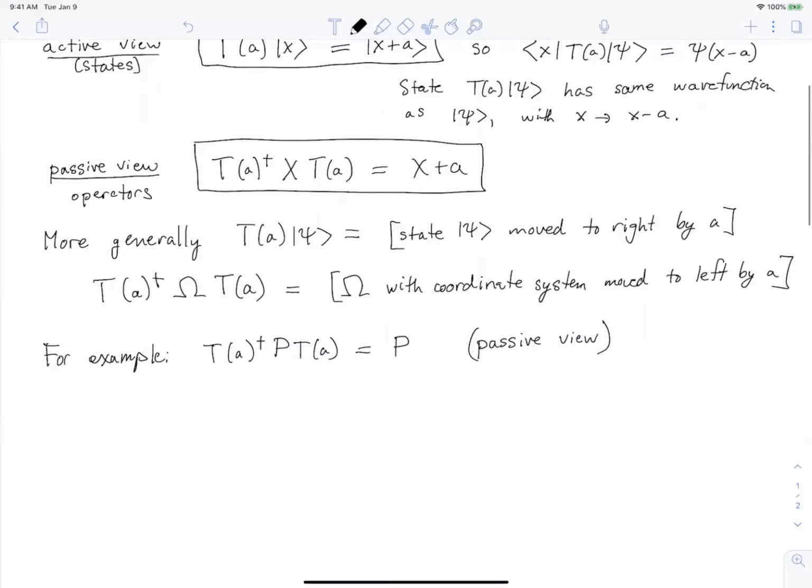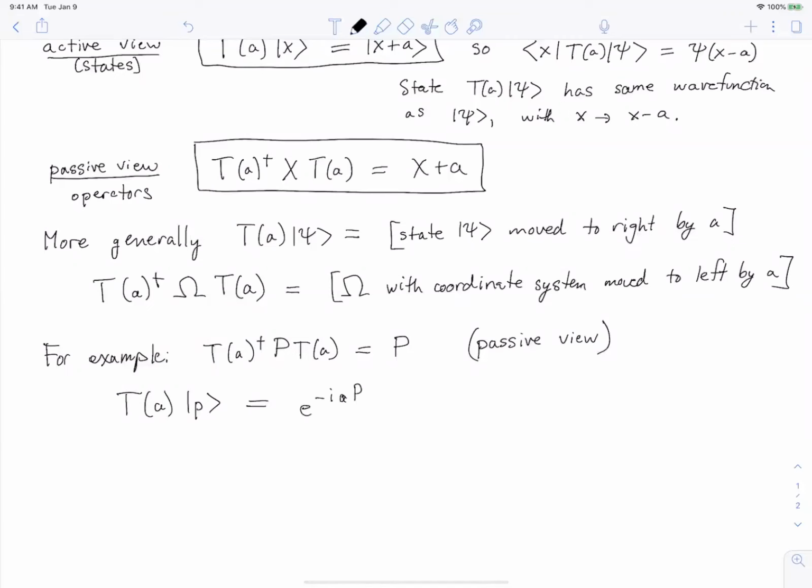Okay, whereas on the momentum eigenstates, if I look at T_a acting on a momentum eigenstate |p>, now I can just take the P that's within the exponential and replace it by the number p. And so this is the exponential of minus i a p over h bar.